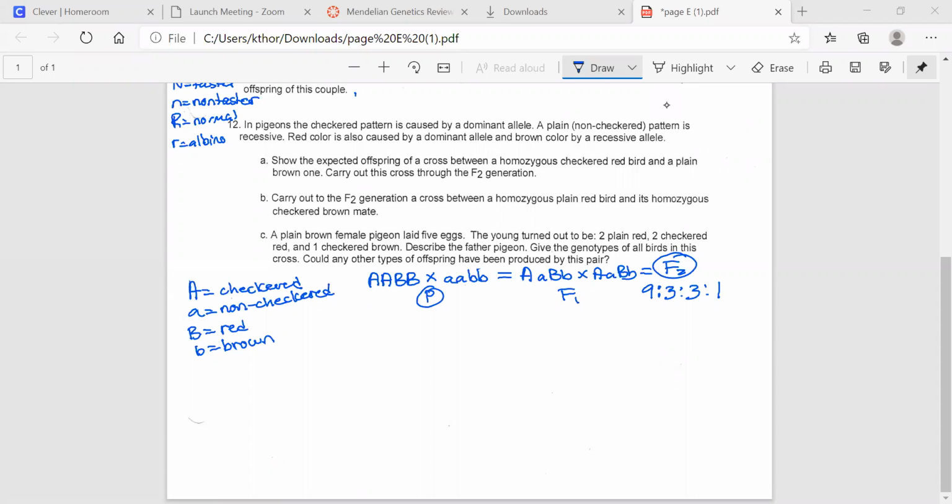So homozygous plain red, that's going to be homozygous dominant for color. And it's homozygous checkered brown mates. So plain would be non-checkered. And homozygous checkered brown, so it's going to be recessive. Okay, so carry out that cross.